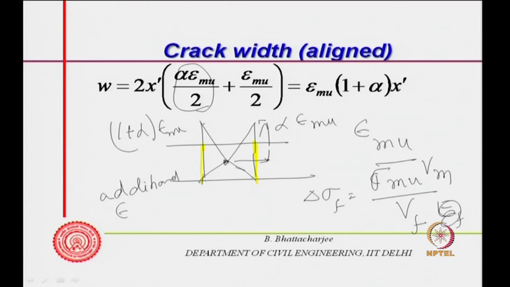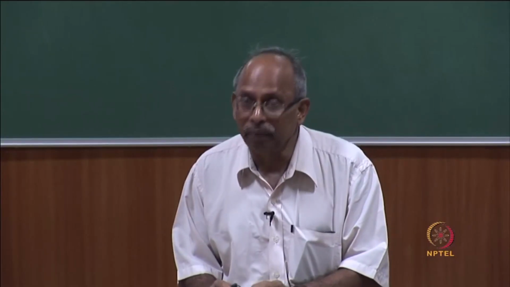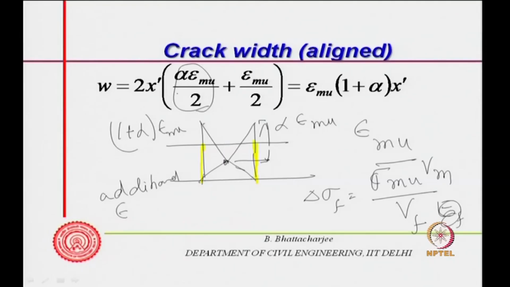But the matrix actually shortened. So, the crack width will be equal to the strain in the fiber plus the shortening of the matrix. The additional strain in the fiber, on average, will be this much, plus the shortening of the matrix.